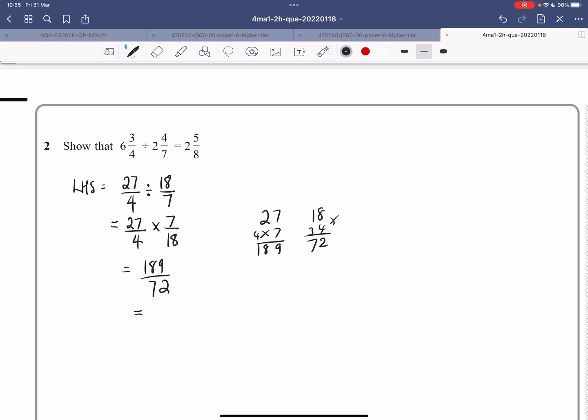Yeah, I could have spotted that here. I'll do that bit in a minute. Top and bottom divide by 9, so it's 21/8, because that is 21 times 9, and that is 8 times 9, and the 9s cancel. So that is 2 5/8.